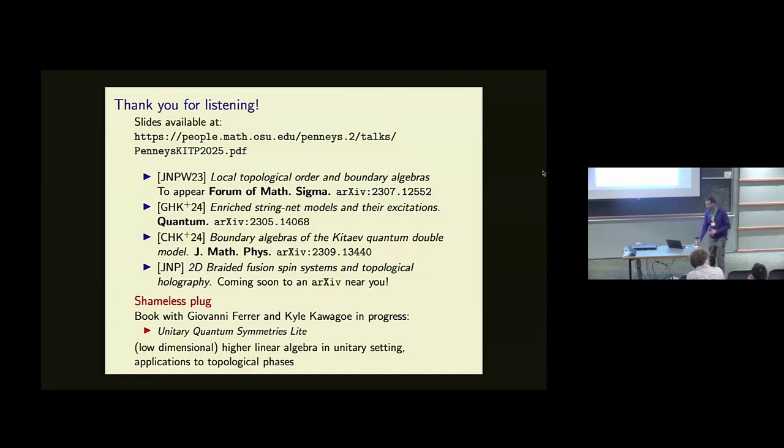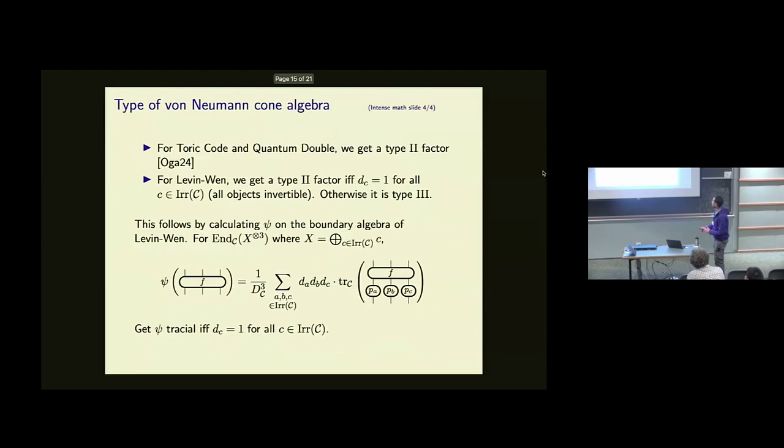So let's go back to this type classification slide. You could have already objected here, okay? If you take G non-abelian, as you say, Vec G has D C1 for every C, so that's going to give you type 2. But Rep G is going to have larger dimensional things, and that has type 3 boundary algebras. The type of the boundary algebra is not just about the topological order.